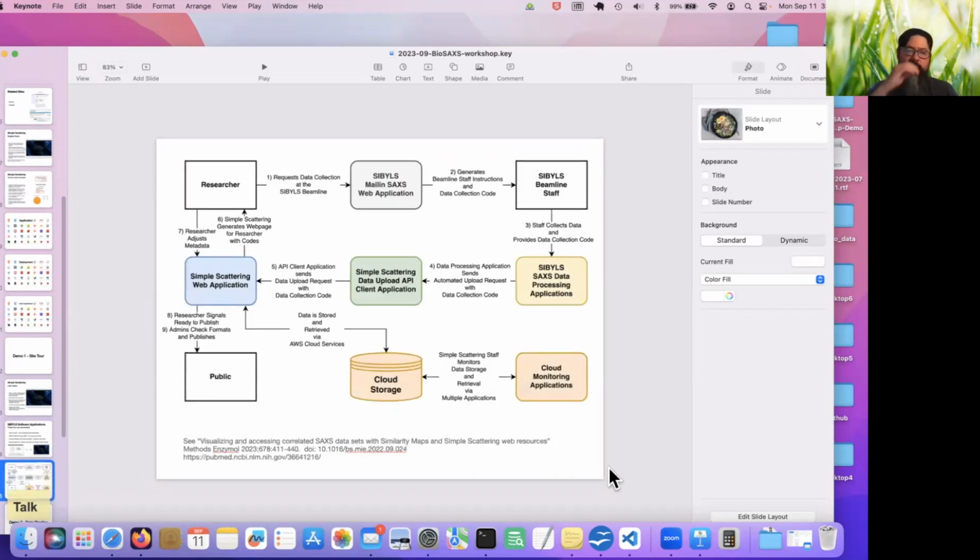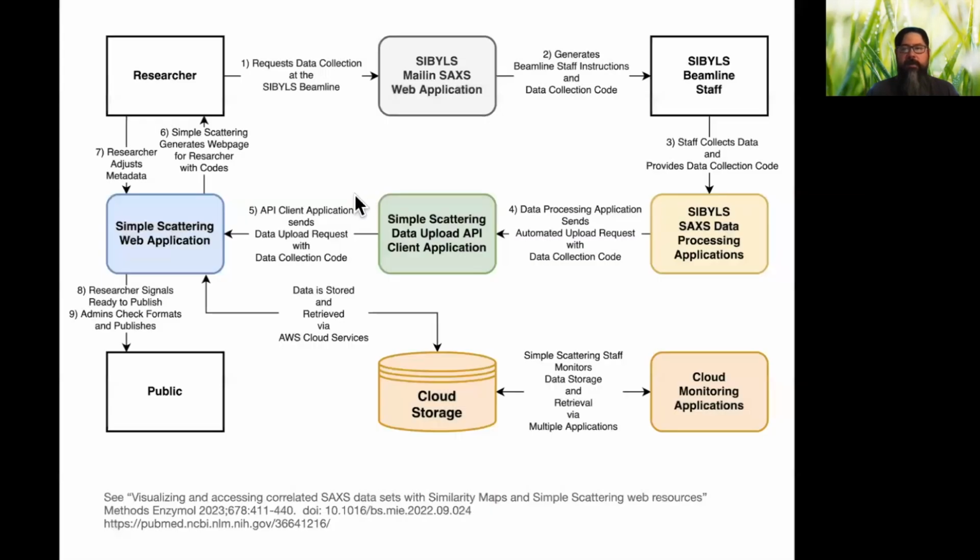So basically the workflow here, whoops, I guess I should have it on play, right? Sorry about that. So you as a researcher, you would request Beam data collection at the Beamline through our mail-in site. That'll generate the instructions for our staff. They go ahead and collect the data.